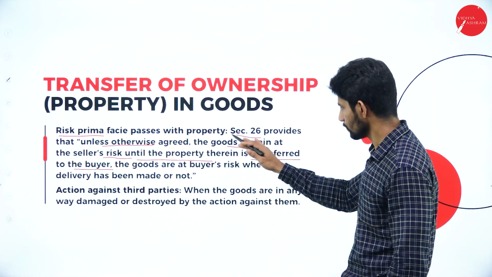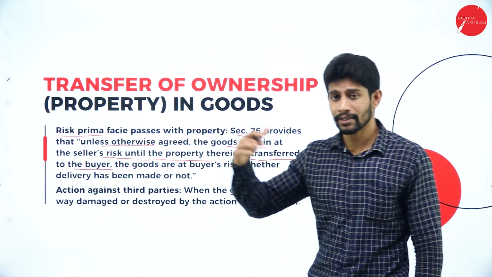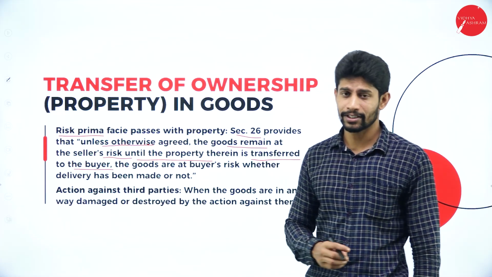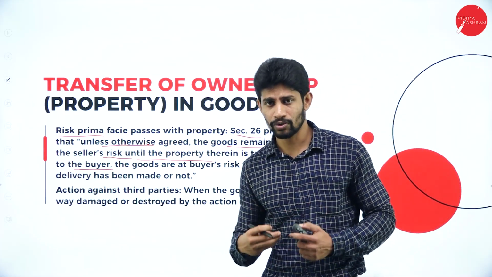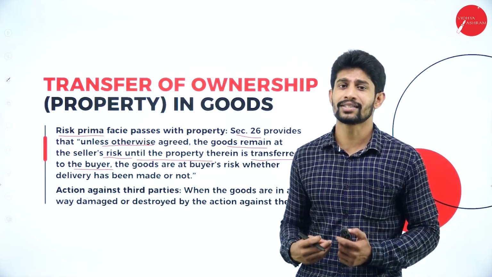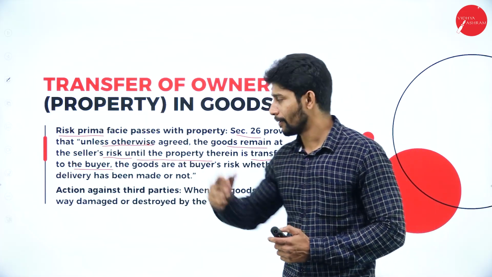Yes, the goods remain at the seller's risk until the property is transferred to the buyer. So if you are a seller, if you are owning the goods, it is under your risk, your responsibility, until you transfer it to the buyer.